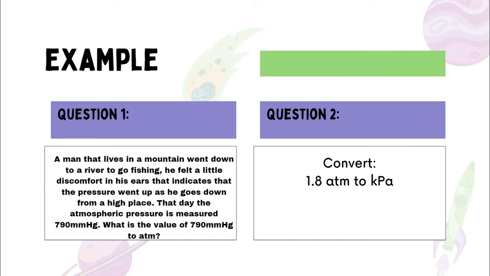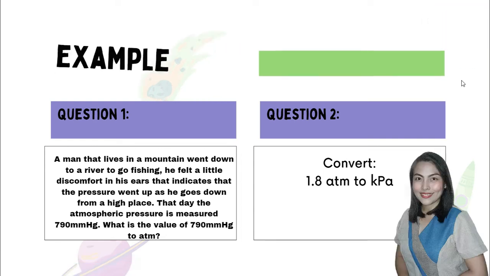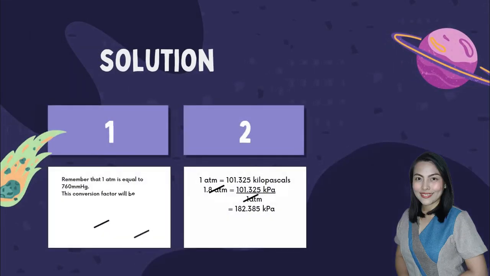Thumbs up, learners. So let's try to solve the problem. Remember that 1 atm is equal to 760 millimeter mercury. So this conversion factor will be helpful to find the value of the pressure in atm. The solution to be used is pressure is equal to 790 millimeter mercury times 1 atm over 760 millimeter mercury.